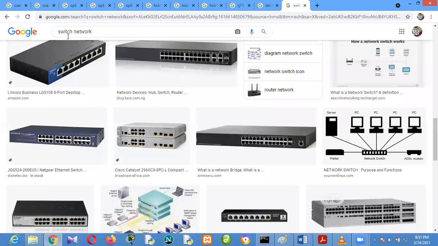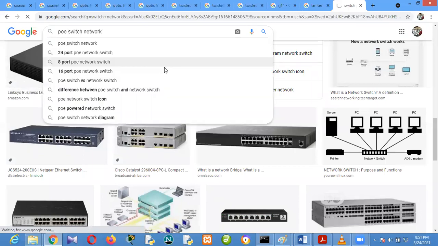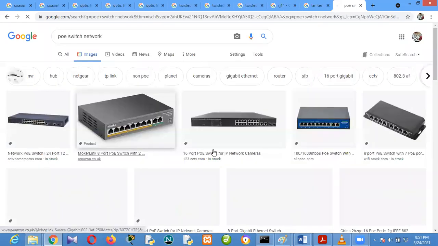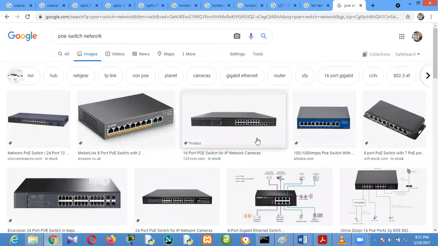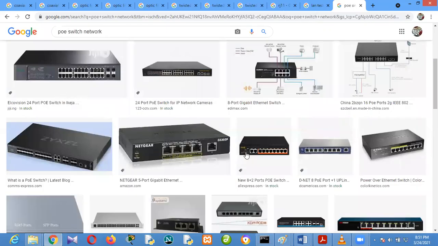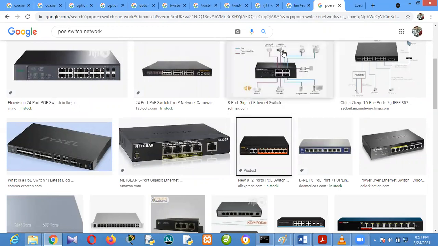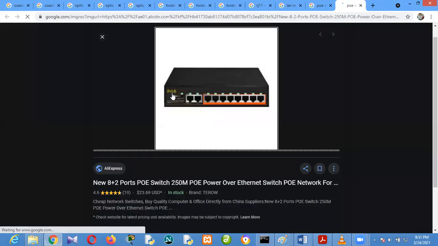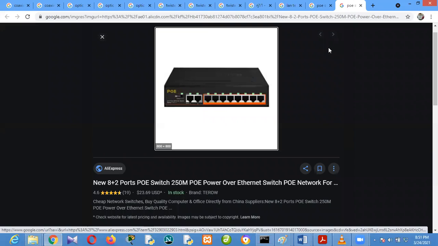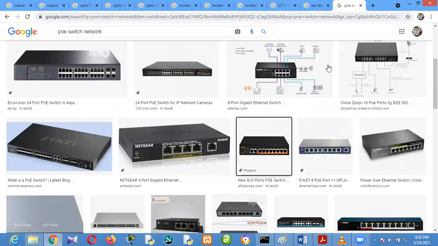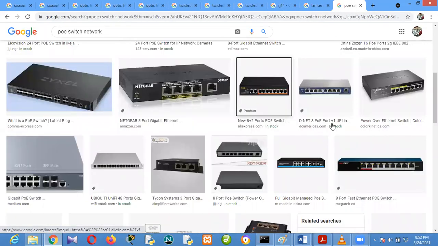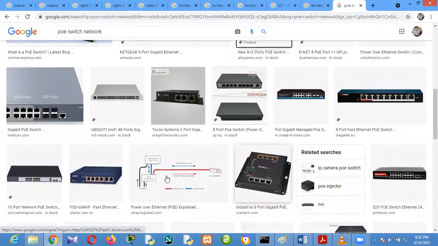PoE switches are written on it and they are more costly. They are the same, only the functionality changes, and it's always written that it's PoE. Like you see this one, it's written PoE. Every PoE switch is always written that on the switch.